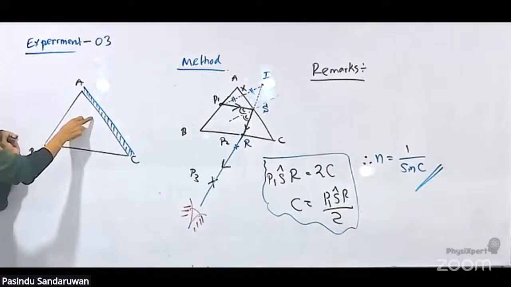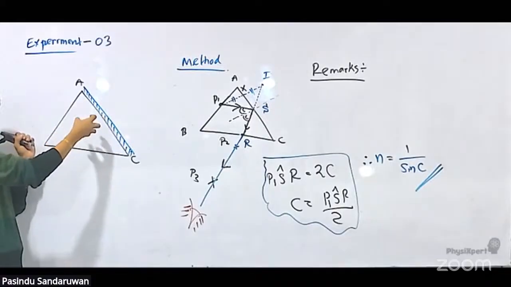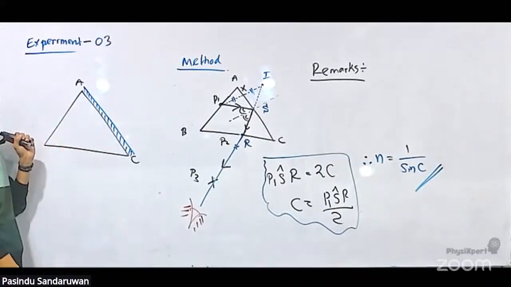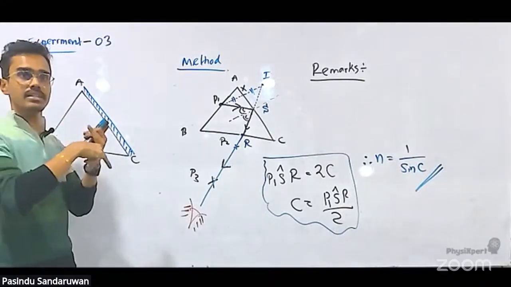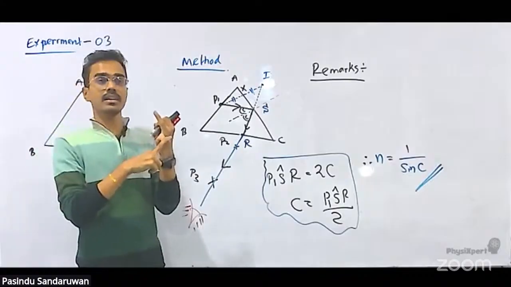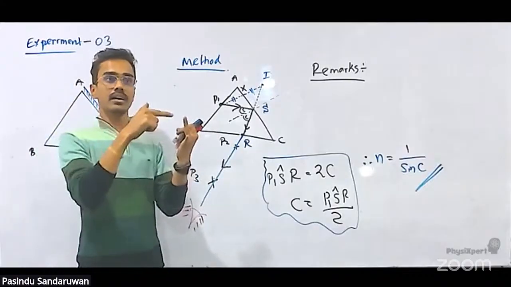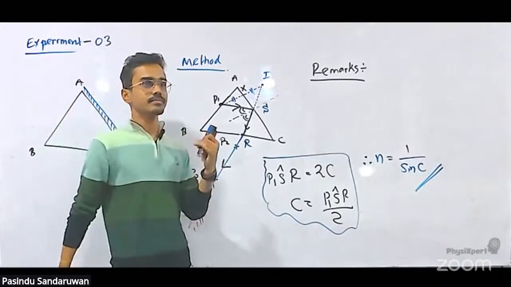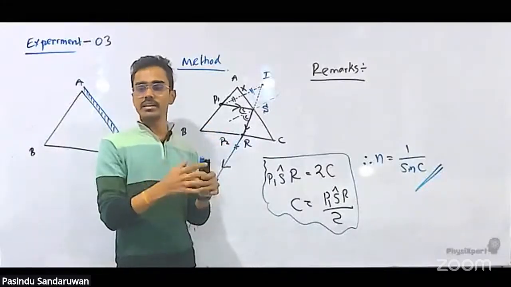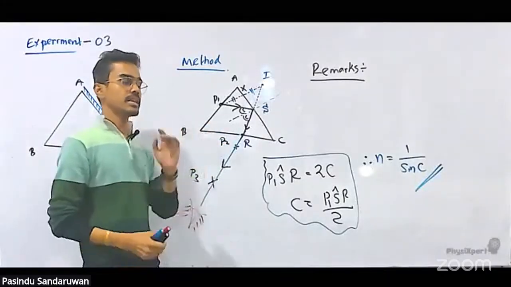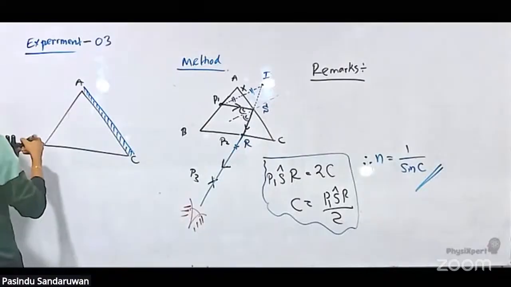Now, glass and liquid, no? What is the dense medium here, from glass and liquid? Glass. So still we are going to get the critical angle, but the critical angle is not with respect to air, but with respect to liquid. Same method, okay?